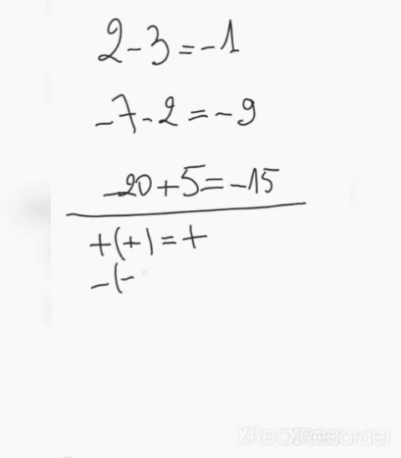Negative followed by negative is positive. Negative followed by positive is negative. And positive followed by negative is negative. If they're the same, it's positive. If they're different, it's negative.